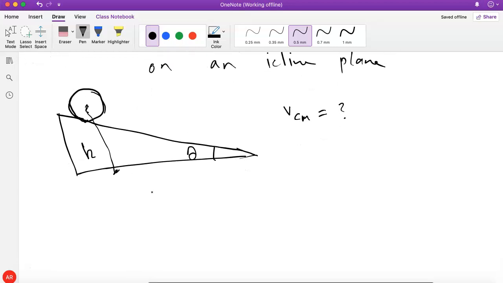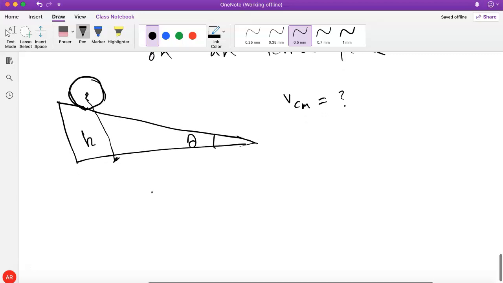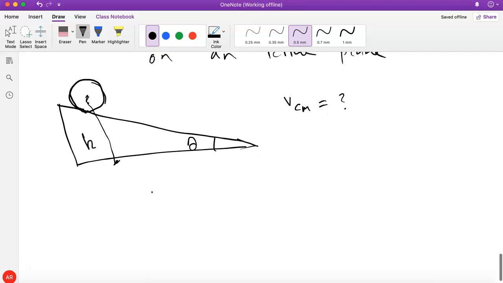Now that we have rolling in addition to translation, in addition to the motion of the center of mass, the change in potential energy becomes the total kinetic energy, which has both the linear component and the rotational component.